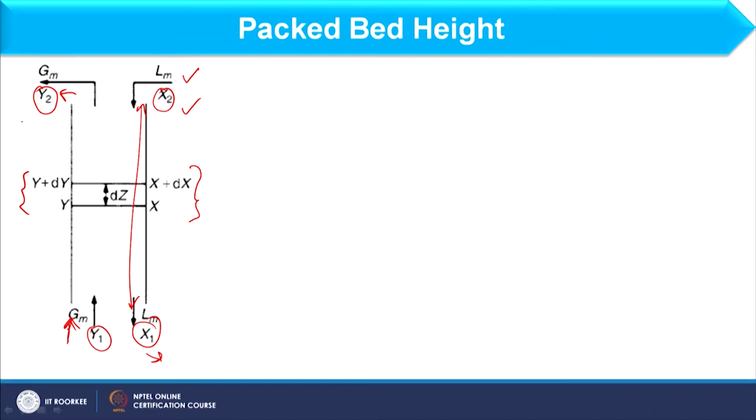This schematic you have already considered in the mass transfer course, so I am not going into the detail of the derivation of the packed bed height, and I am assuming that you already know this.